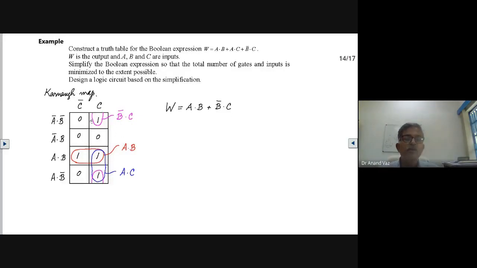Now I'm sure using this Carnot map, you can construct the truth table. So that is simple, and I leave it as an exercise for you. So please prepare the truth table for this. And this is the simplified expression which we have got from the Carnot map.